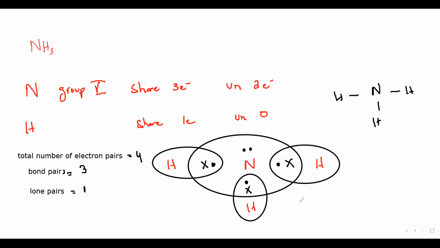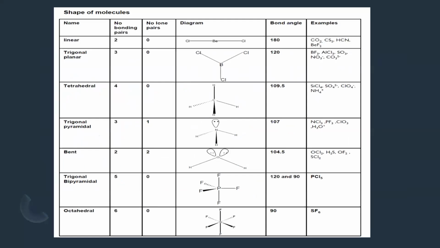Why is it important to identify the number of bond pairs and lone pairs? Because you should be able to predict the geometry of the molecule as well as the bond angles. So this table is very important. You have to basically learn this table. If you find that two bond pairs are there and there is no lone pair, then the bond angle will be 180 degrees, and that structure is known as a linear structure.